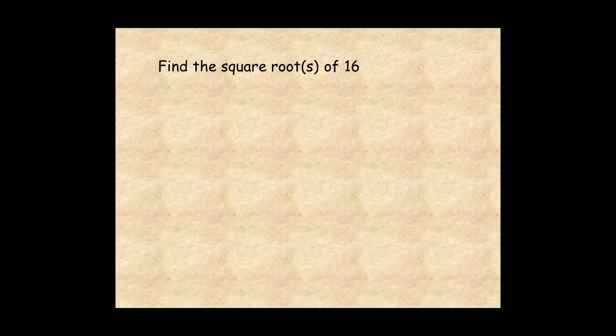So these are examples of the kinds of questions you should be able to answer. Find the square root or roots of 16. The square roots of 16 are 4 and negative 4, because 4 squared equals 16, and negative 4 squared is also equal to 16.